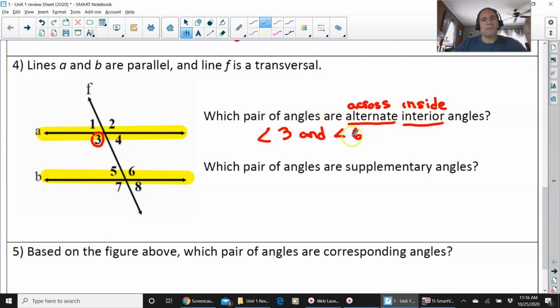Which pair of angles are alternate interior angles? Obviously, there's going to be a multiple choice question, angle 3 and 6. And let's go ahead and pick the other two of 4 and 5.